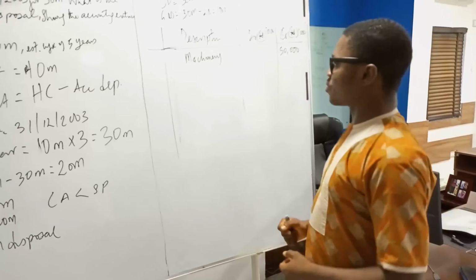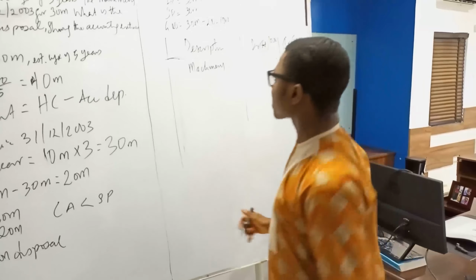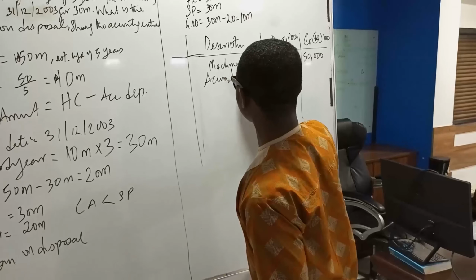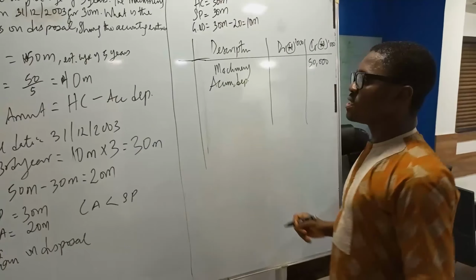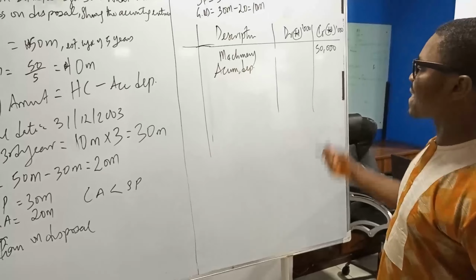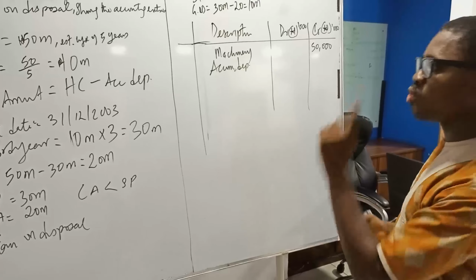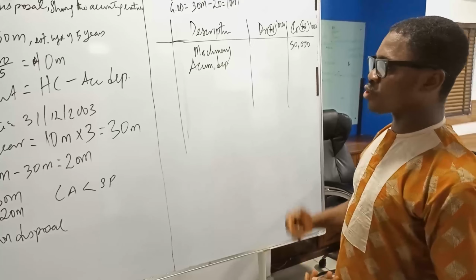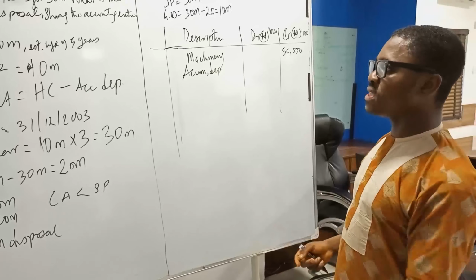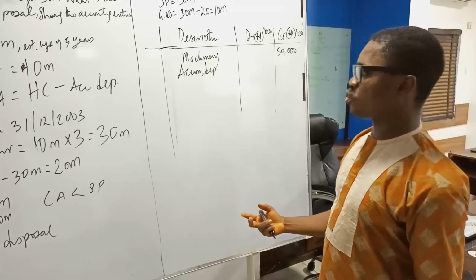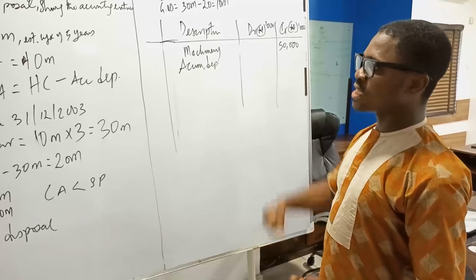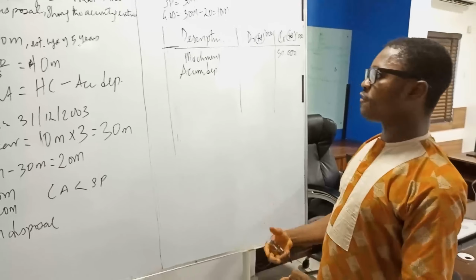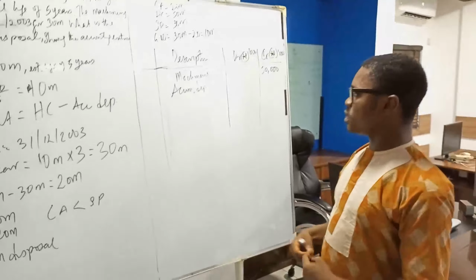What is the next accounting entry? The next accounting entry is to debit the accumulated depreciation with the accumulated depreciation as at the date of disposal. Note that the accounting entry for depreciation, year on year, is to debit depreciation account and credit accumulated depreciation, because the asset is still in use and economic benefits associated with the asset are still flowing into the entity.